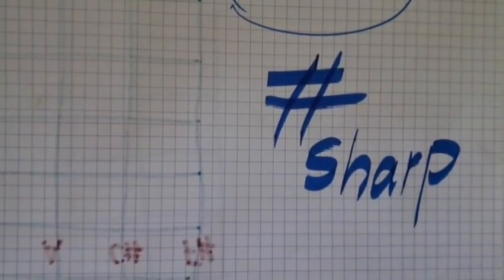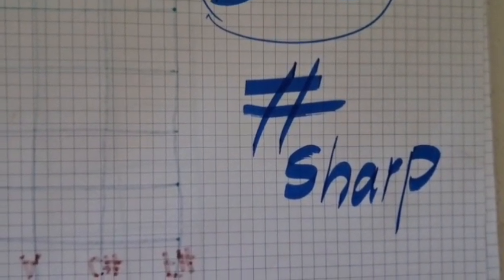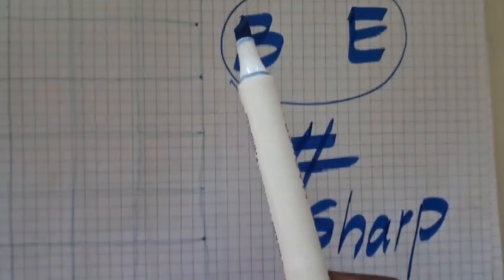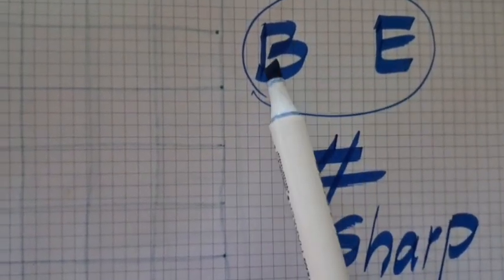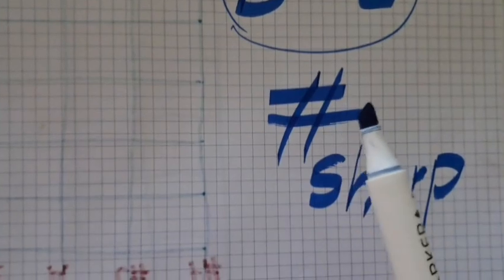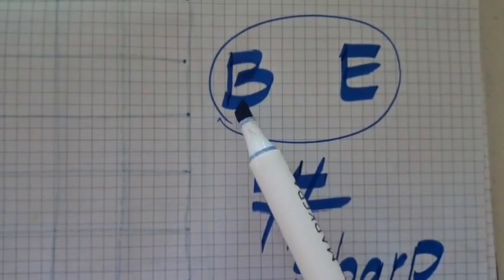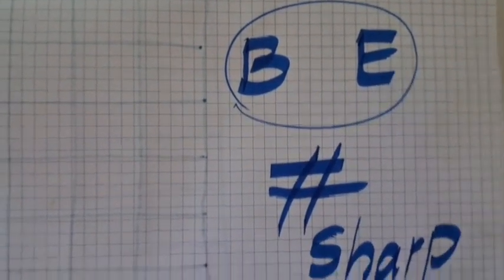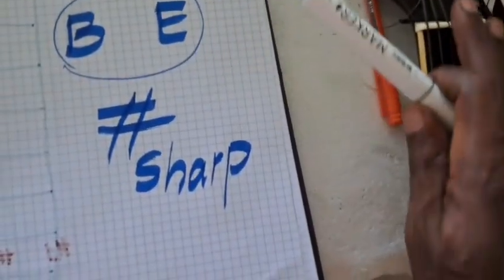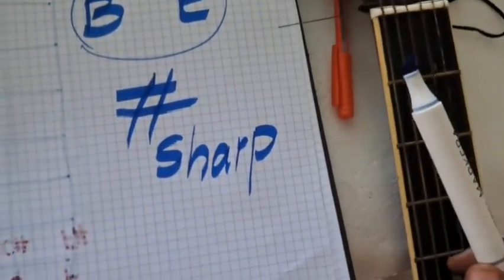Let's look at the octave chart to demonstrate that E and B do not have sharps. So that when we are naming the parts of this guitar, with the knowledge that B and E do not have sharps, we are going to get the keys of the guitar right.